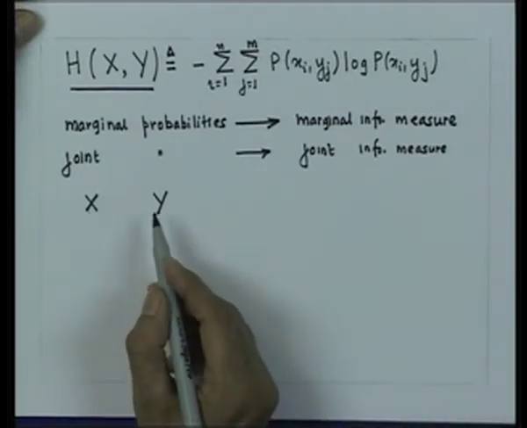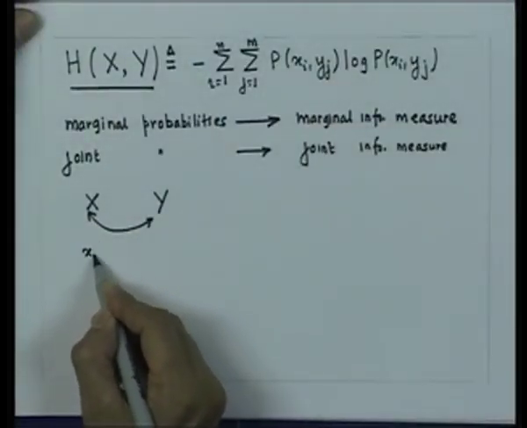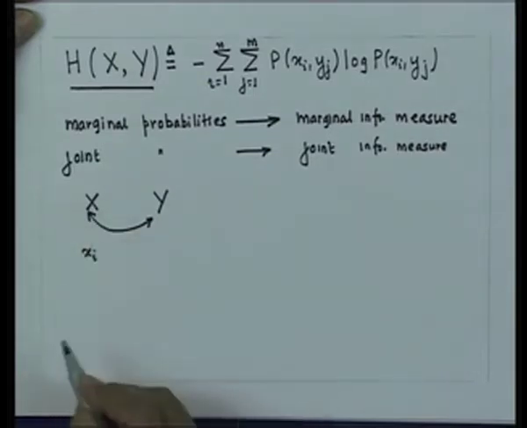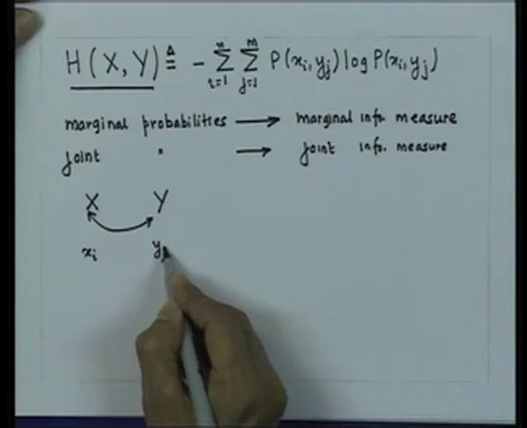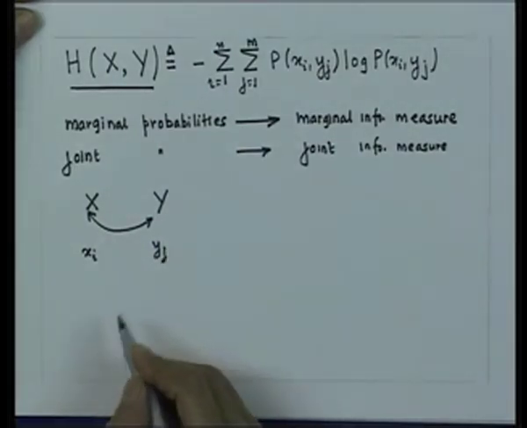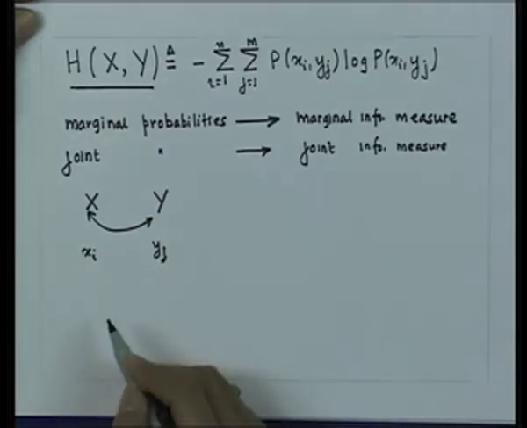Because I can always associate conditional probabilities with those two experiments x and y. Let us assume that the elements of experiment x are xi and the elements of experiment y are yj.